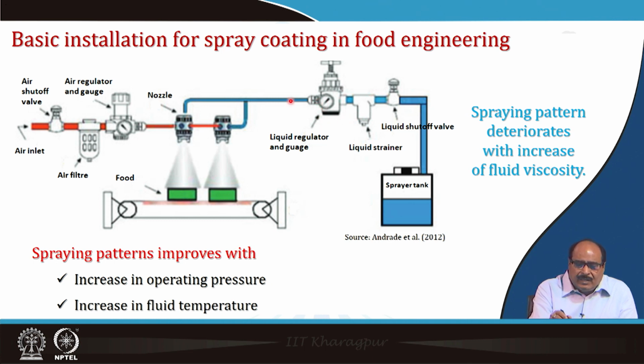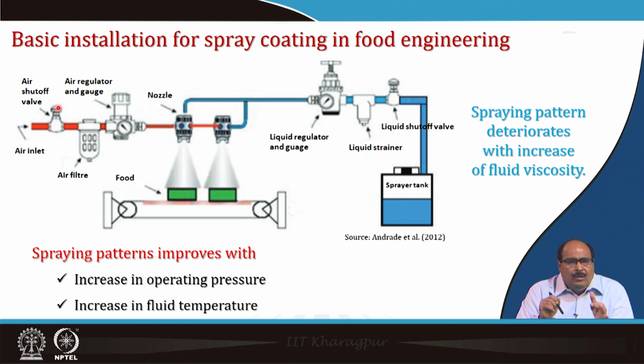A controlled amount is flowed through the sprayer nozzles, where droplets are formed, and the food material, the fruit, is coming on the conveyor belt. So, here it is at a controlled rate, from both sides, and it is ensured that a uniform coating is applied on the material. There are air regulator gauge, air setup valves and all those things provided.